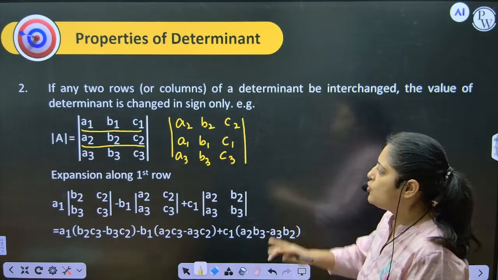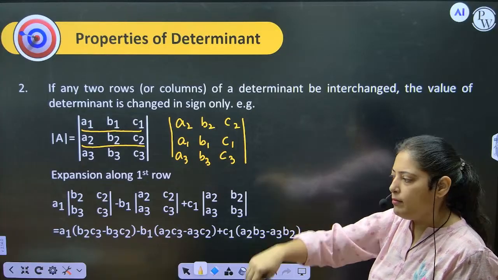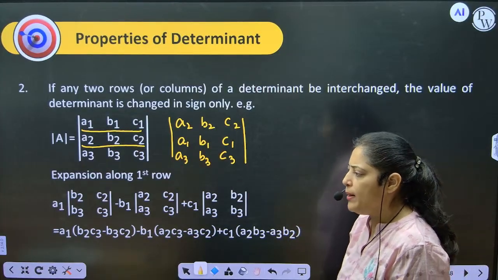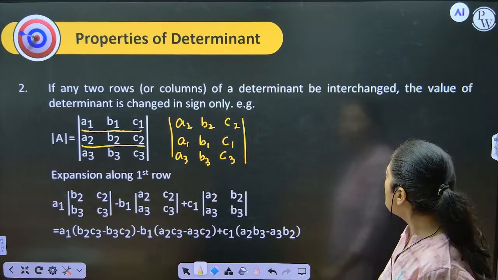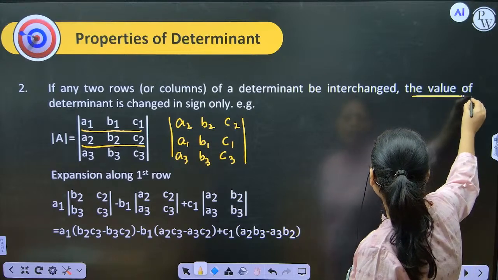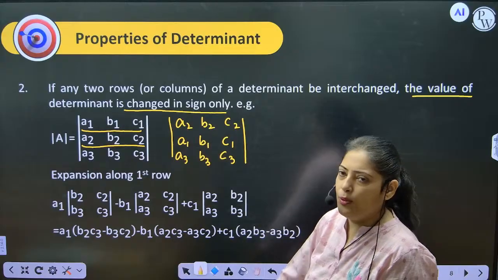Interchange means they have changed their positions among themselves only. So now what it is saying, the value of the determinant is changed in sign only.